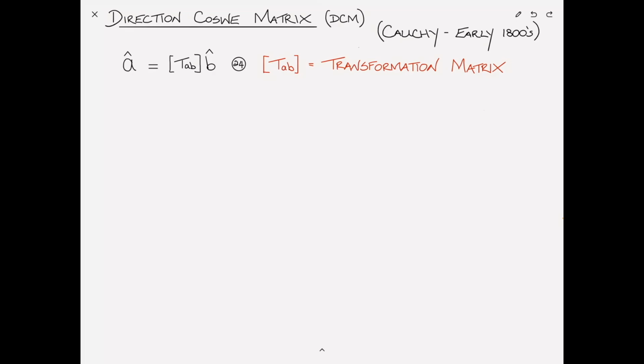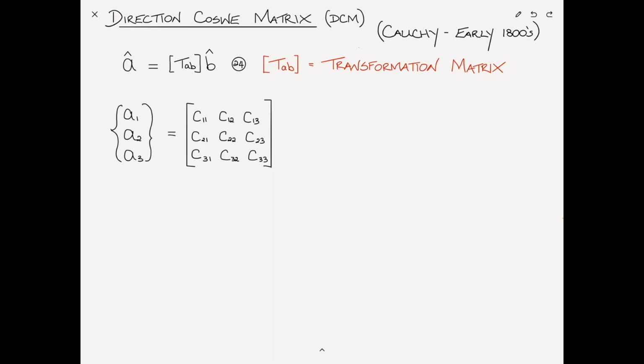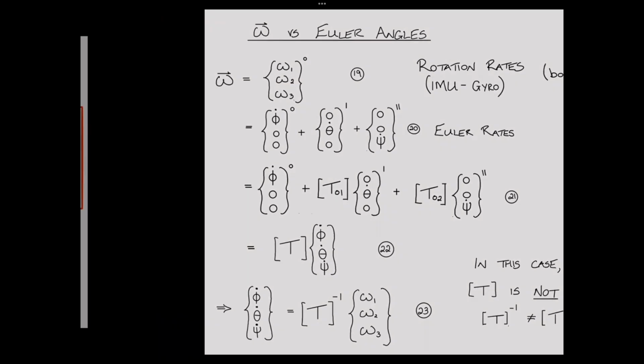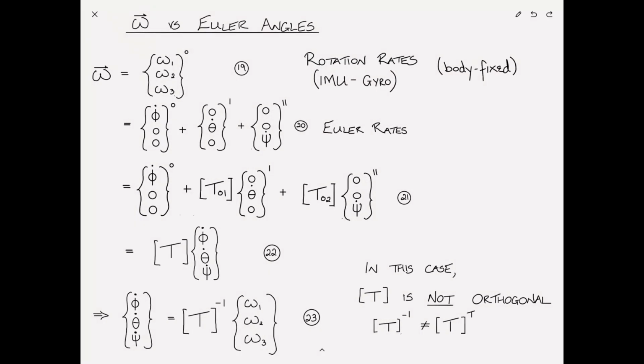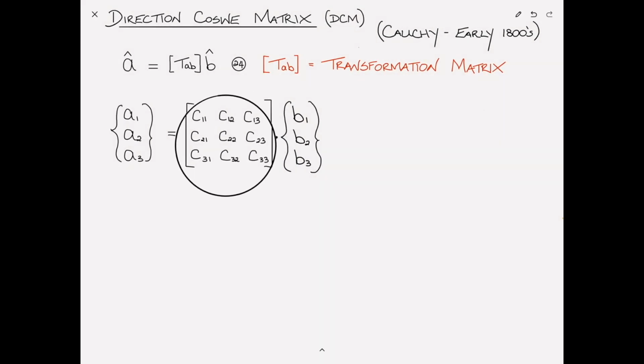Okay, so I can rewrite this in component form as A1, A2, A3 is equal to this transformation matrix times B1, B2, B3. These Cijs, C11, C12, etc., are exactly what I called Tij in the previous section. This matrix, which is the components of T03, is in fact the same as this matrix.